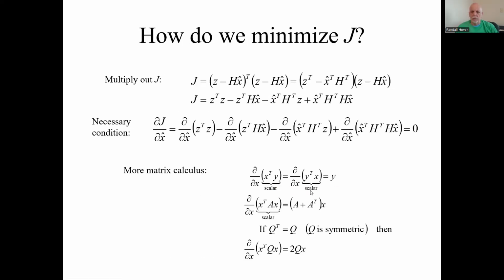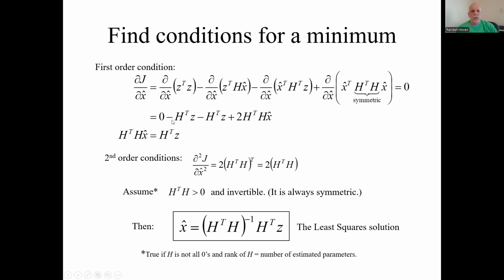We're using these two formulas, and you get that. And then this is like that x hat transpose Q x hat, so we get 2Q, where Q is now H transpose H. So that's all that stuff, and it has to equal 0. This is the first partial with respect to x hat, and it has to equal 0. So we get this relationship.